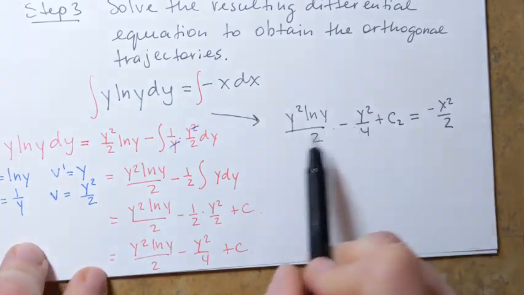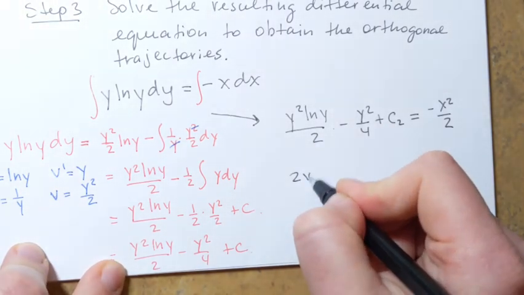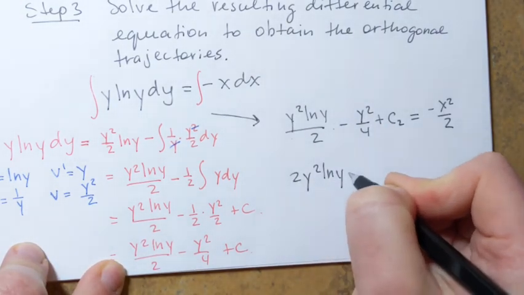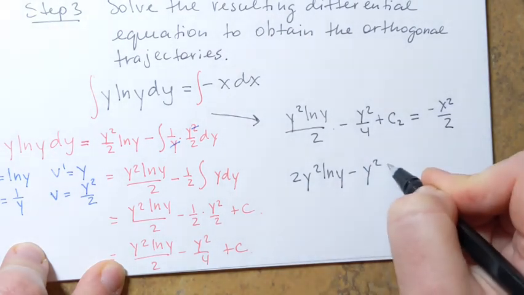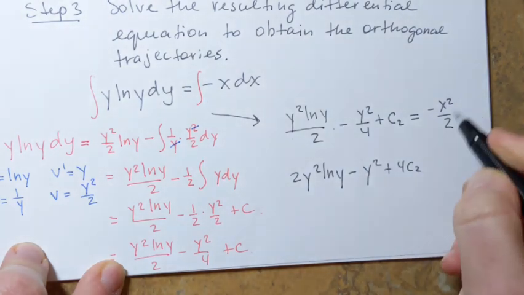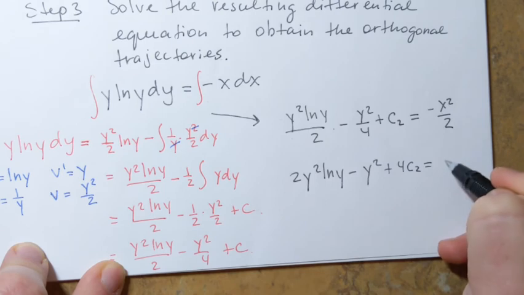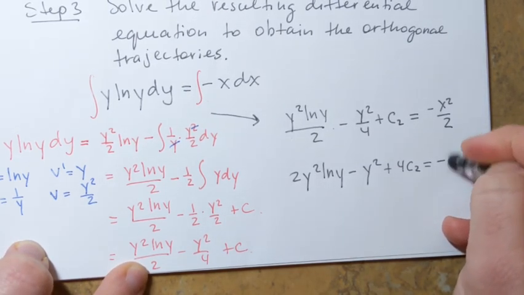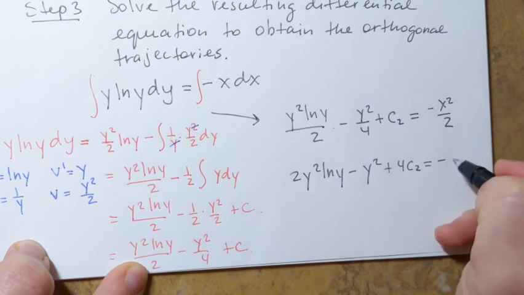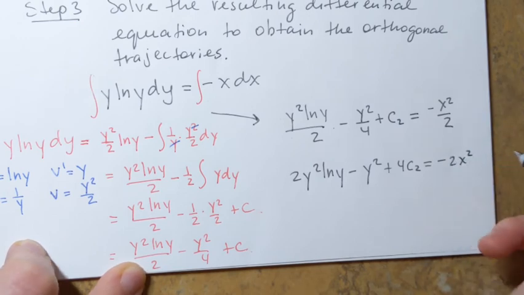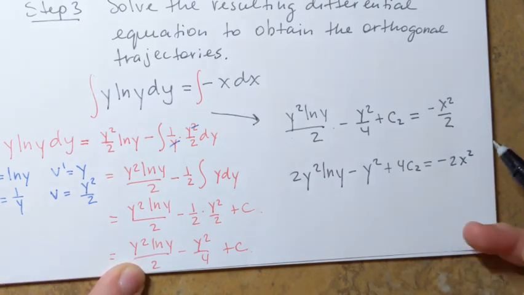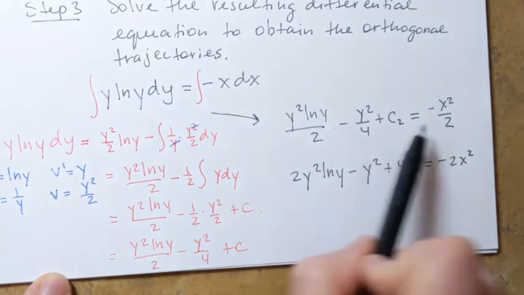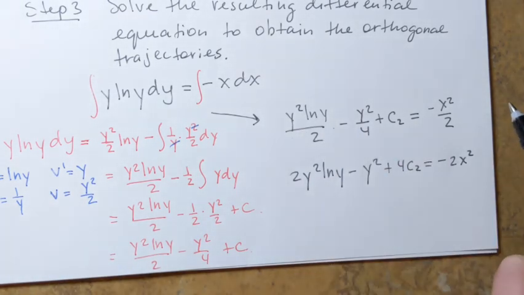Then I'll have 2y squared ln of y minus y squared plus 4c2 equals negative 2x squared, if I multiply everything by 2. So at this point, guys, I'm just making my equation look a little bit better. But that's a good answer anyway.